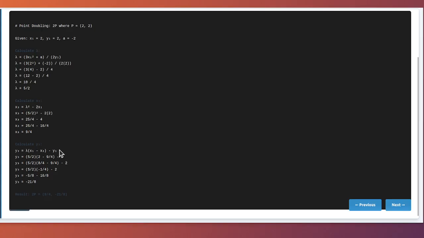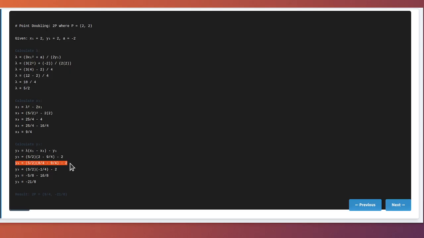Third, compute y3. y3 equals lambda times (x1 minus x3) minus y1. We have lambda equals 5/2, x1 equals 2, x3 equals 9/4, and y1 equals 2. So, y3 equals 5/2 times (2 minus 9/4) minus 2. Now 2 equals 8/4.